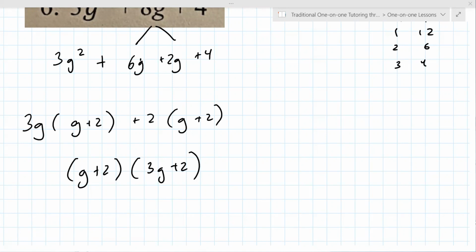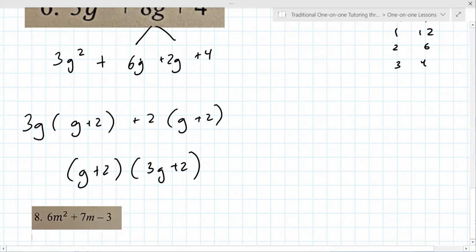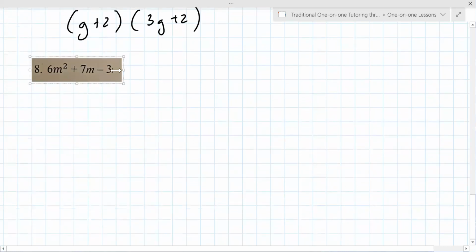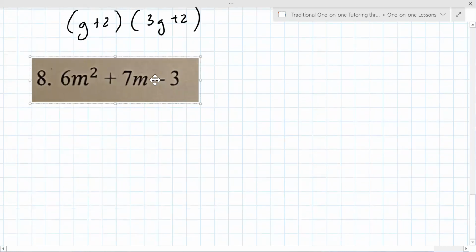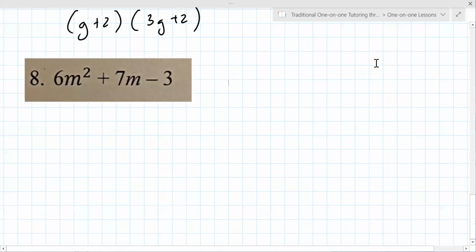This isn't too bad. We're going to do more here. The next one I want you to try is number 8. Do you want to do this on your own, or do you want to work it out together? We're going to do number 8 next. It's up to you here.